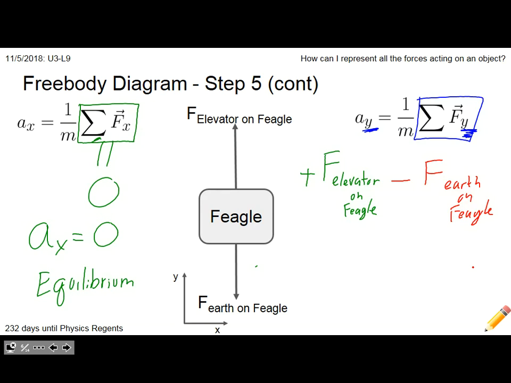We want to figure out this number based off of that. But this is step 5, just adding up the forces. And this whole thing is, I would do 1 divided by m, and that's equal to a_y, right? So that's just that formula. Newton's second law, the sum of the forces equals the acceleration.